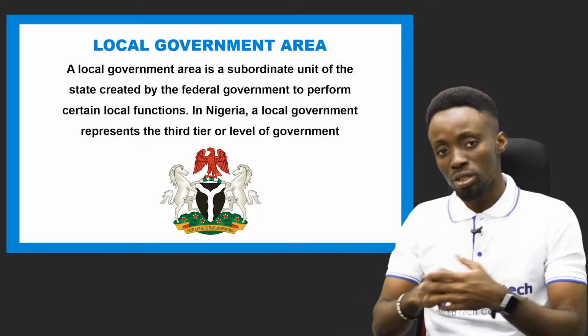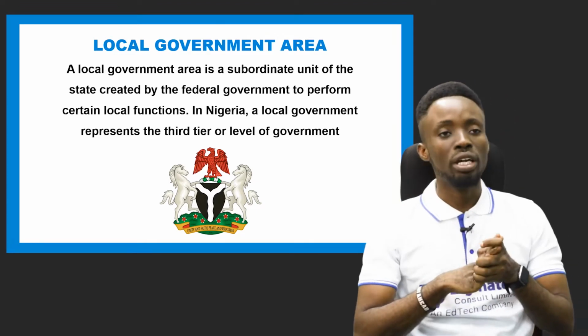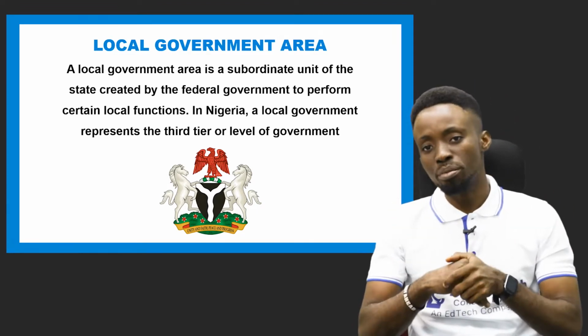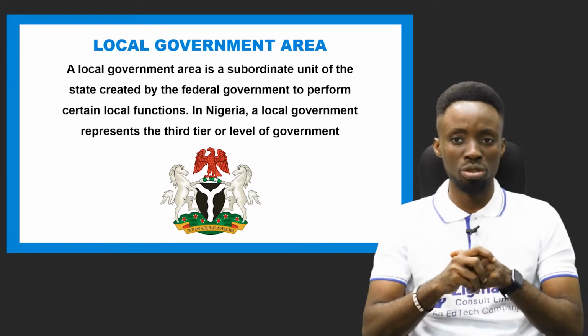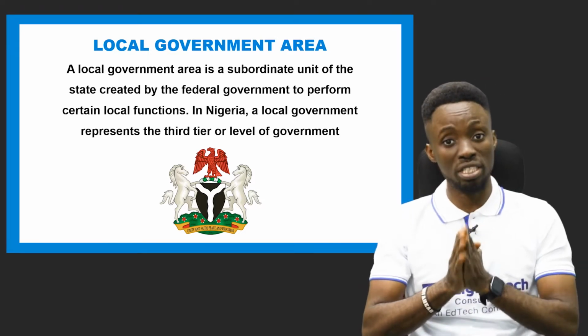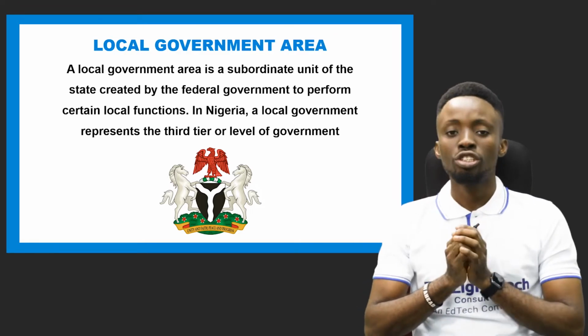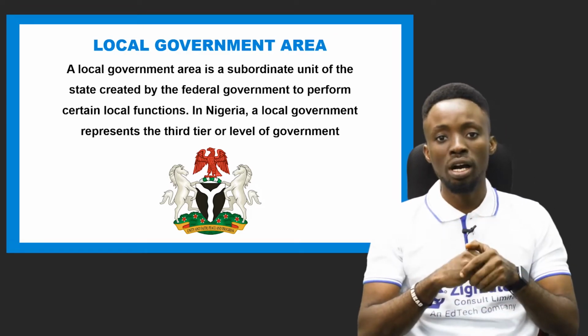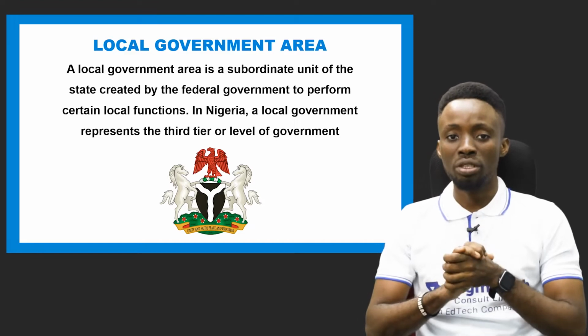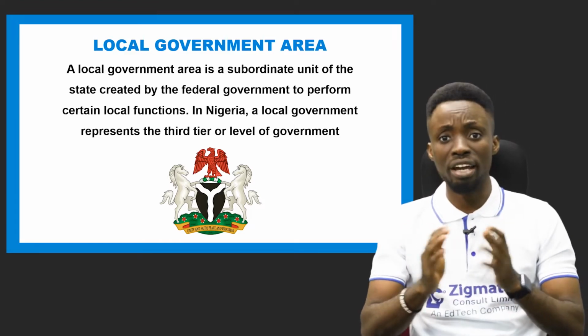Now, what is a local government area? A local government area is simply a subordinate unit of the state that is made by the federal government just to perform certain local functions. Remember I told you that Nigeria is multi-ethnic and diverse.